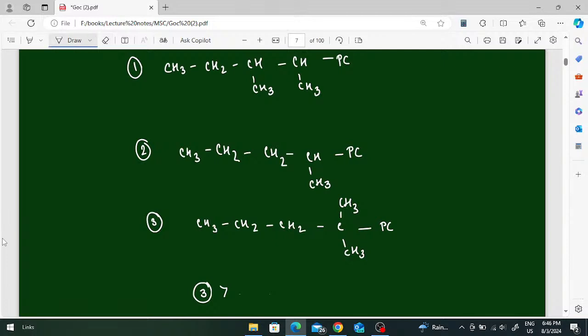It will be 3, 1 and 2, because here you have 2 methyl, here 1 methyl, here you have 1, here as well. This is increasing, so 1 will be ahead of 2.